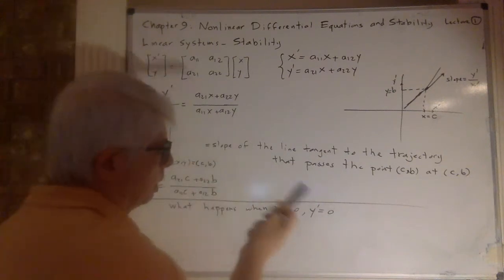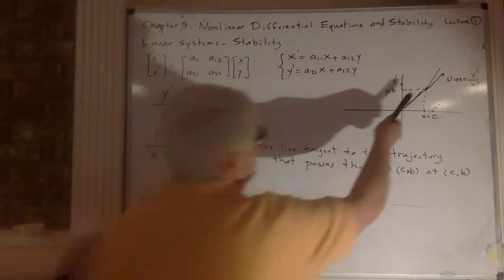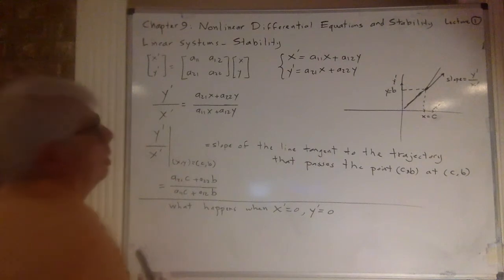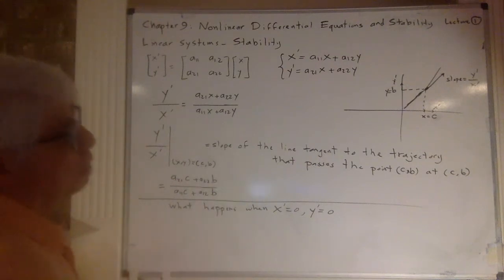So y prime over x prime will be tangent or speed, in fact, or let's say velocity, in fact. The velocity in that direction, when it goes in that direction, that's the trajectory. It's like an object is moving on that trajectory.